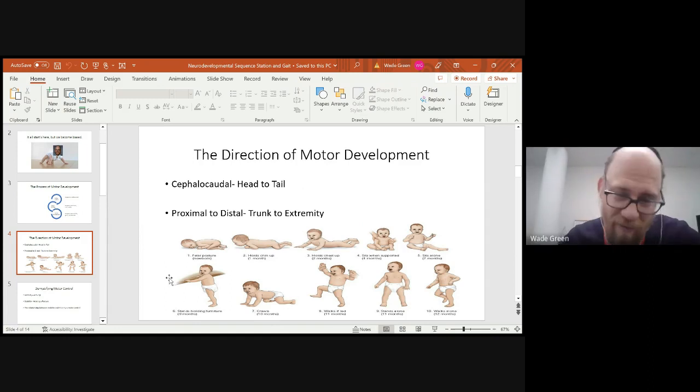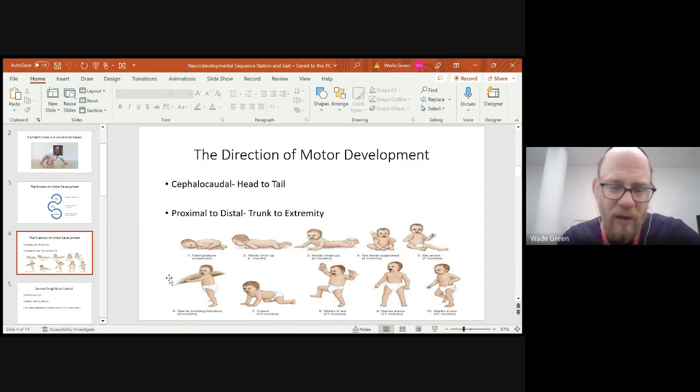Absolutely, very very wide. So then obviously we can see that as muscular development continues, that base of support becomes gradually more narrow. For example, when they start sitting up, the base of support goes from essentially the trunk and pelvis to just the buttock.